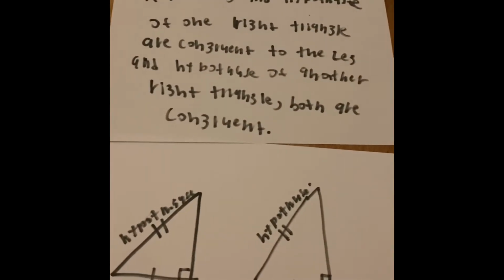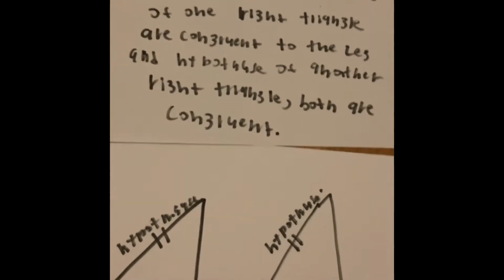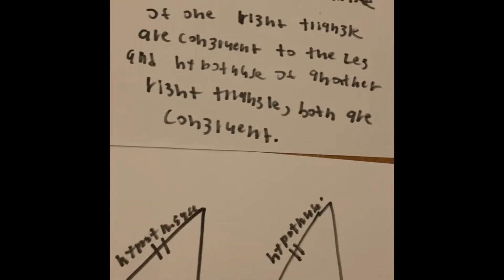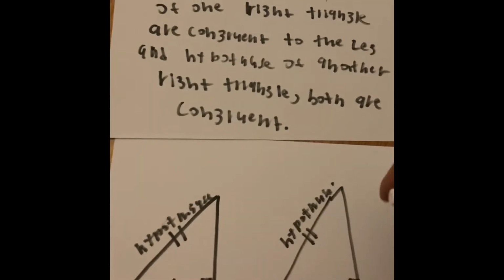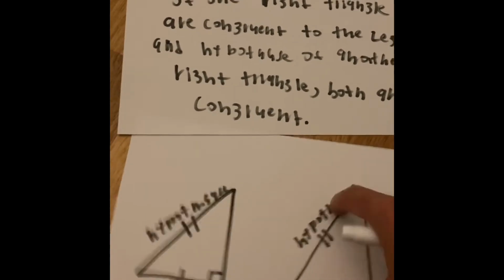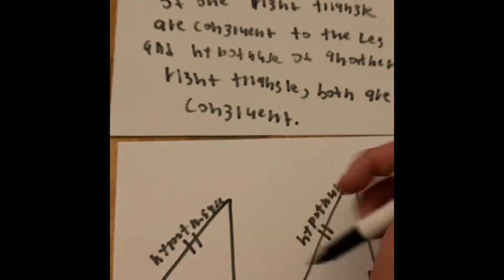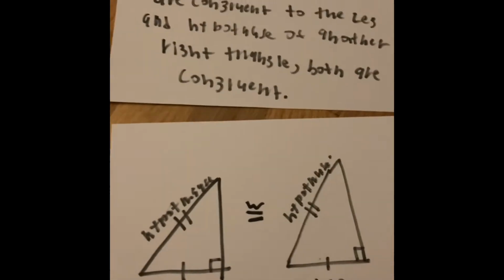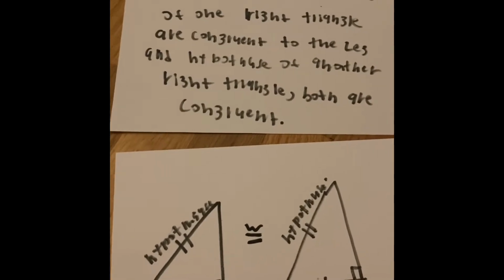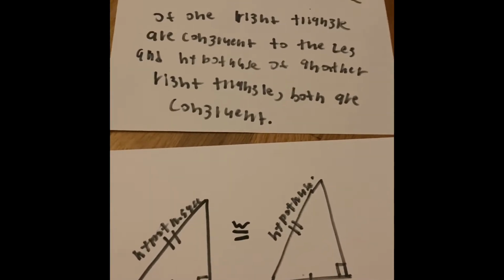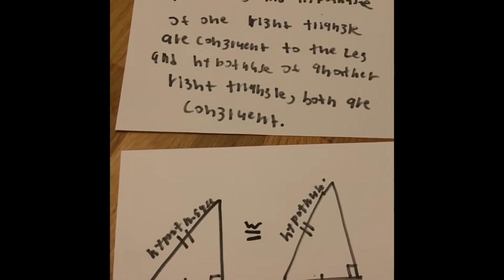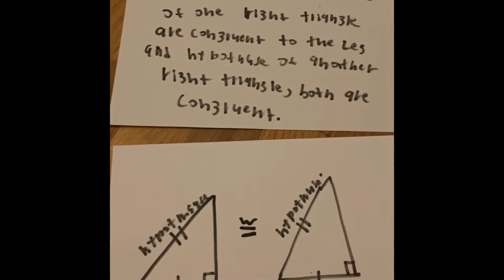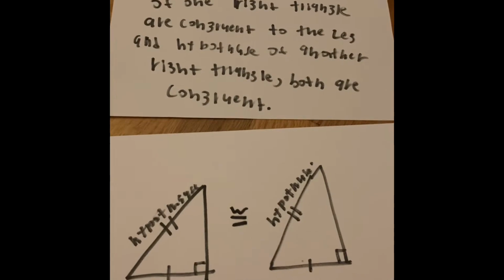So technically, if the leg and the hypotenuse of one right triangle is congruent to the leg and the hypotenuse of another triangle, then both of the triangles have to be congruent to each other. This is a faster way rather than saying SAS, SSS, and ASA. This is another way we can prove right triangles.